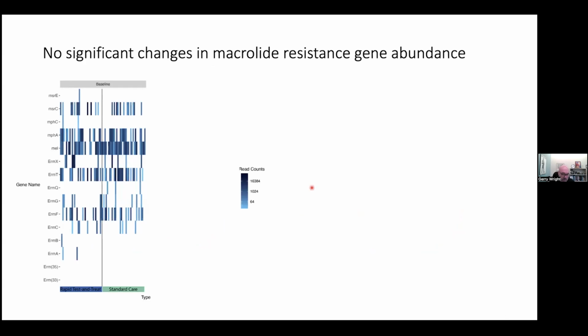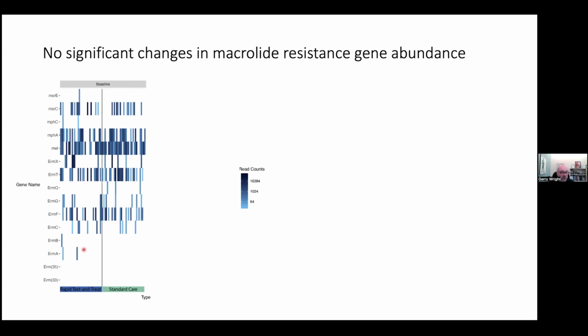What about macrolide resistance, which is what our hypothesis was, that we were going to have an increase in this. And hopefully you can see this. There's a line here on the left-hand side. These are all antibiotic or macrolide resistance genes, or azithromycin resistance genes, that are found in CARD and in our bait set. There's the rapid test and treat on the left-hand side, standard of care on the right. This is at baseline.